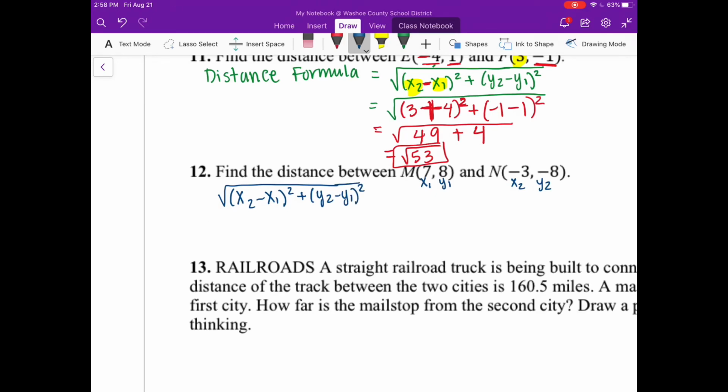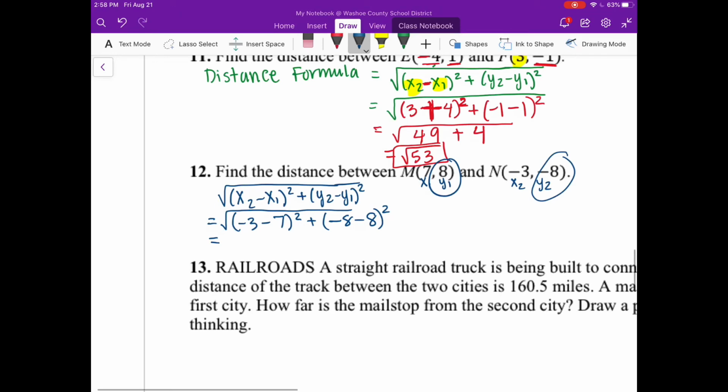All right, so for me again, the x2 in this case is negative 3 minus x1 is a positive 7, then I'm going to square that. The y2 in my case here is negative 8 minus the y1 is positive 8 squared.